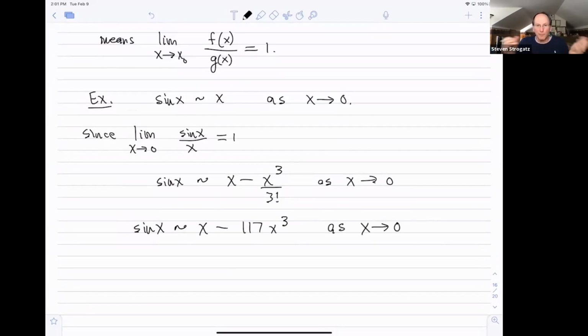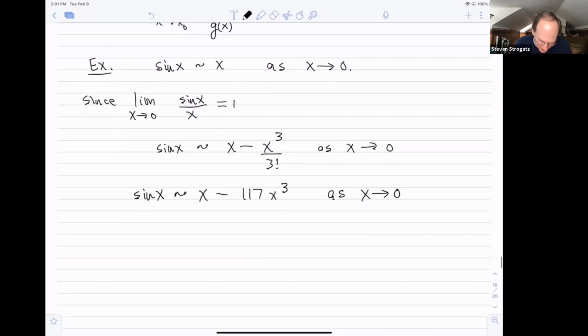Or some other absurd number in front of the x cubed, because that ratio would go to 1, right? After all, when x is very small, x cubed will be negligible compared to x. So this is true technically, but sort of stupid and not the way we would ever use the asymptotic symbol.